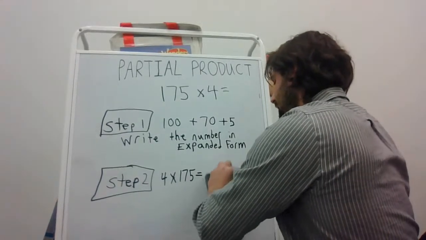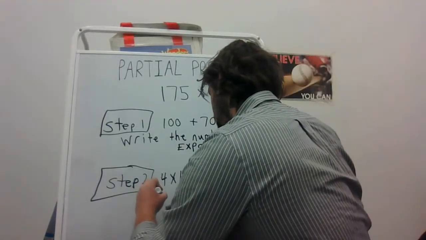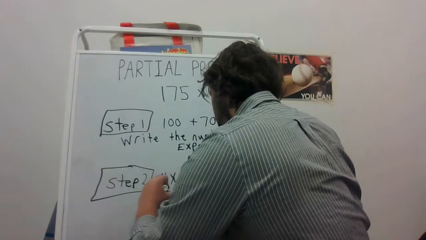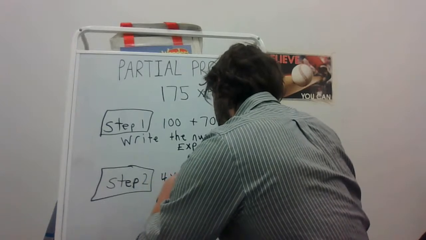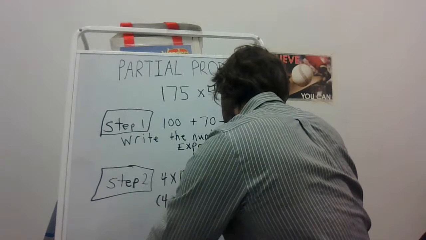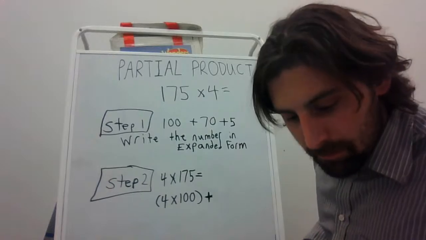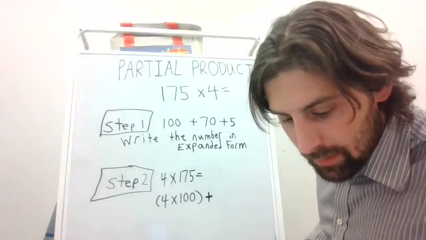Let me write it on the other line. I want to have enough room here. 4 times 175 equals 4 times 100 plus 4 times 70.